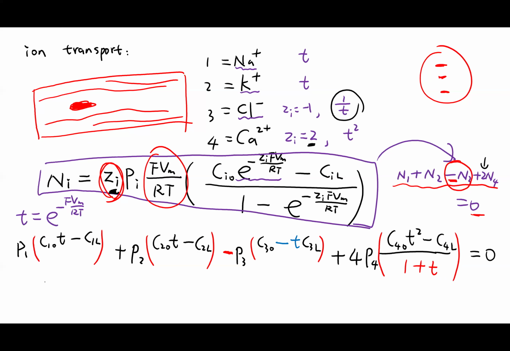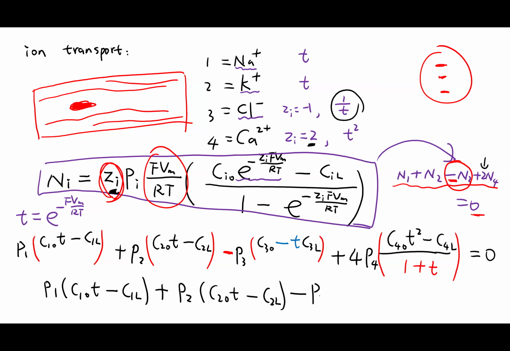You will have P1 C1 naught T minus C1L, plus P2 C2 naught T minus C2L, okay?